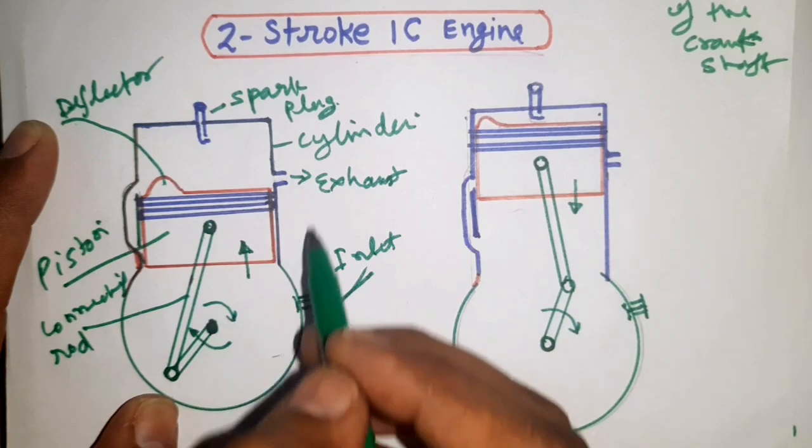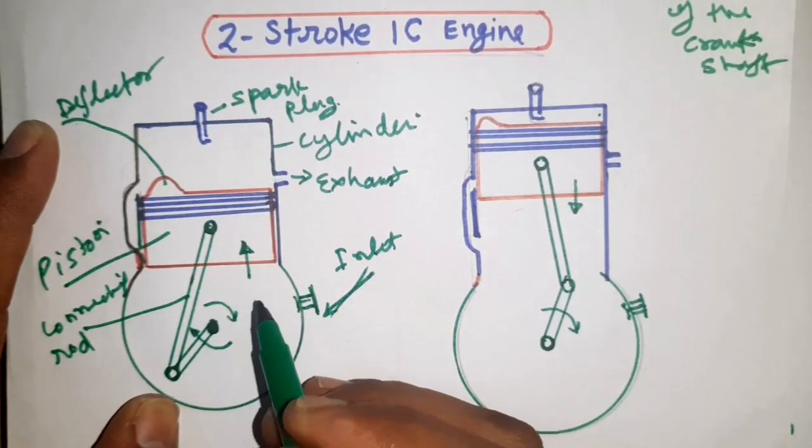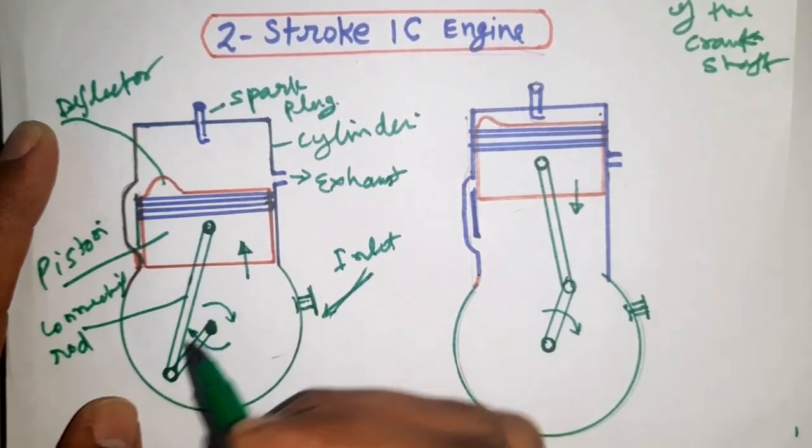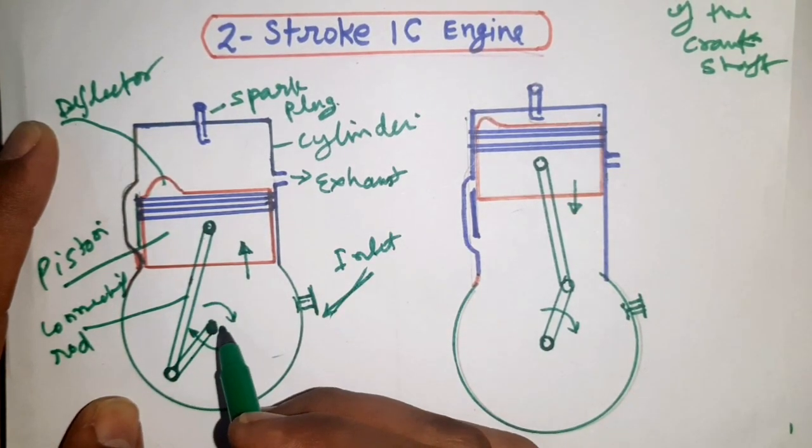So this is the two-stroke IC engine, with the piston, connecting rod, crank, and crankshaft.